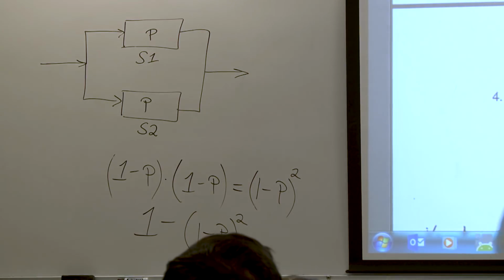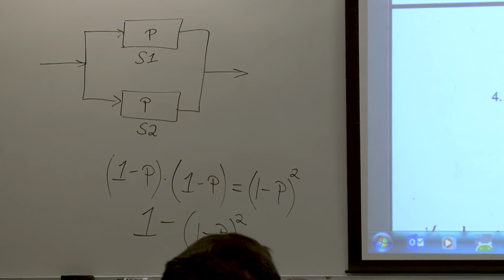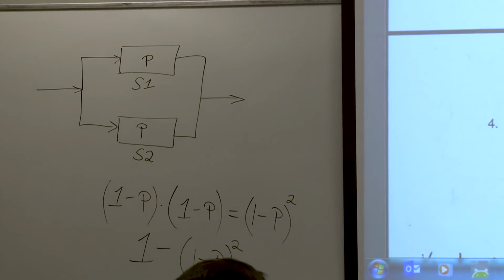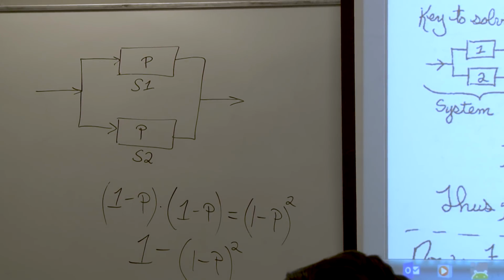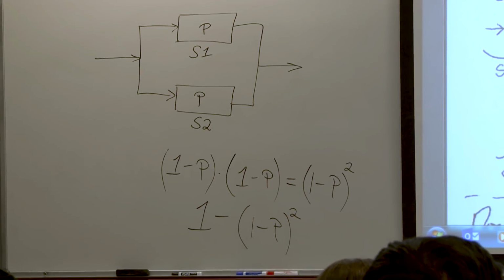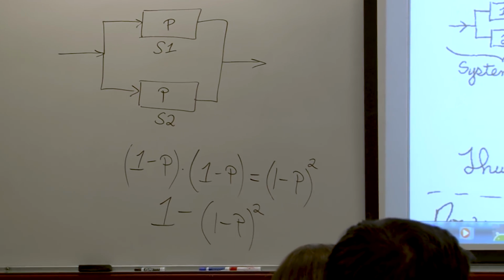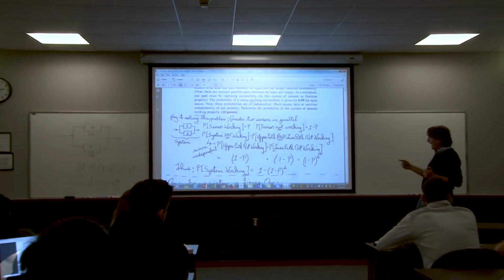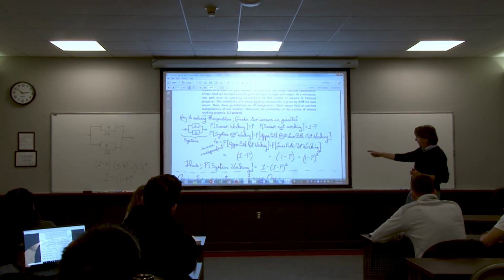What is the probability of working? 1 minus that. That's what I wrote here, just as a warm-up, like you're out in the bullpen warming up, just to get the muscles flexing. So we got it. Probability of the system working is 1 minus P squared.